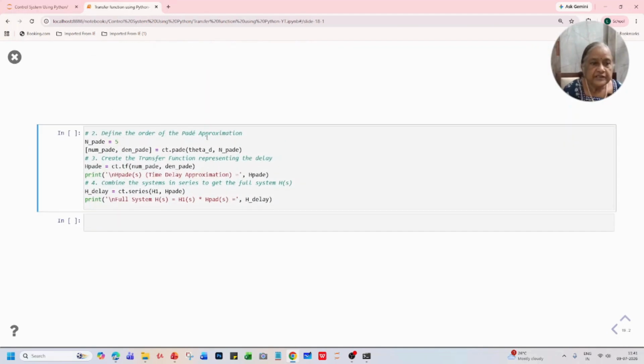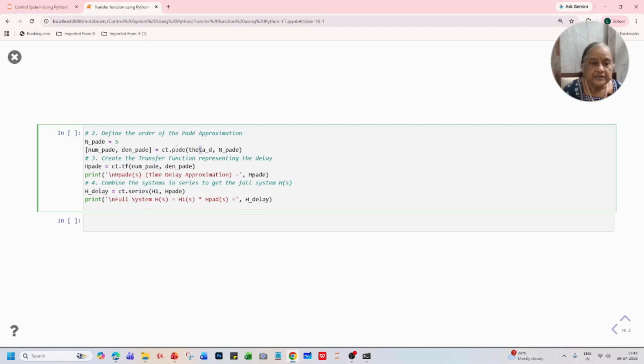Let us define the order of the Pade approximation as n_pade equal to 5, and the numerator and denominator of the Pade approximation come from ct.pade, where we pass this delay and the order of the Pade. Then create the transfer function representing the delay as h_pade with ct.tf, using the numerator and denominator.